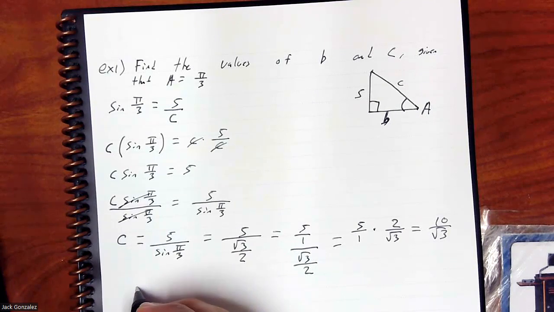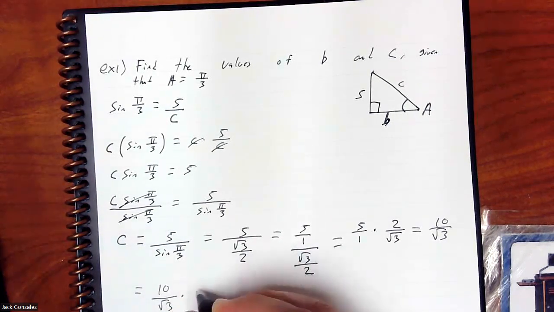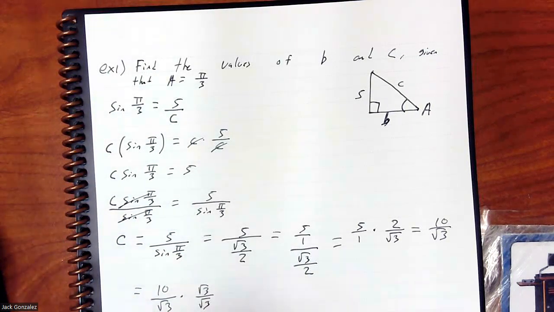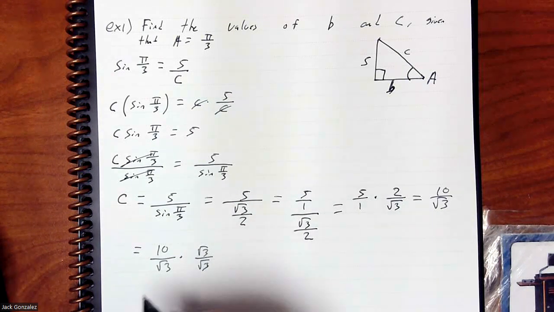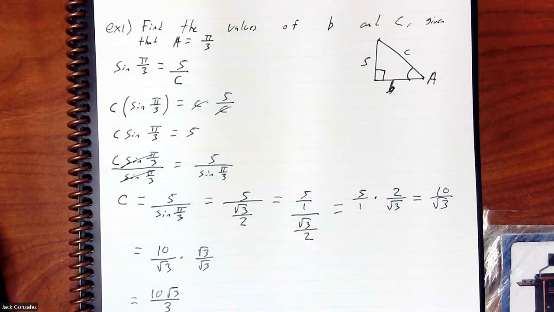Okay. Let me know. 10 over root 3. Rationalize, you have to kind of square the bottom. In order to do so, you introduce root 3 over root 3, which is a form of 1. So it's basically like I'm doing nothing, right? Kind of like cheating, I guess. 10 root 3 over root 3 times root 3. This will be squared, becoming just a regular 3.